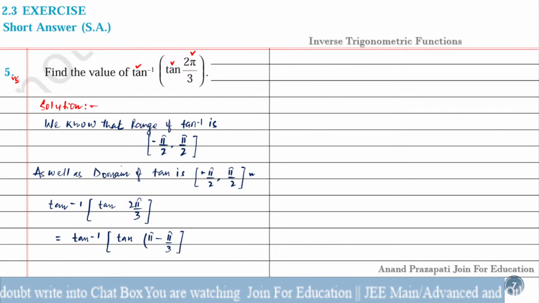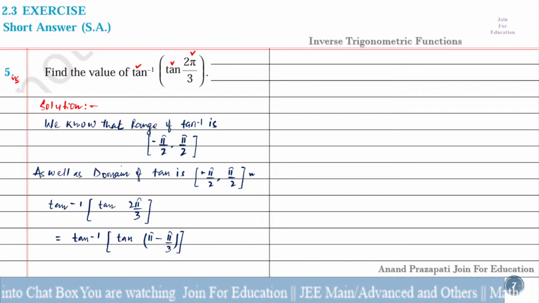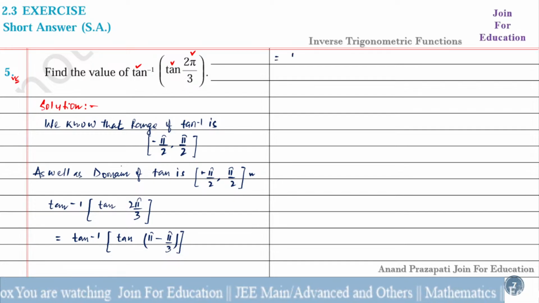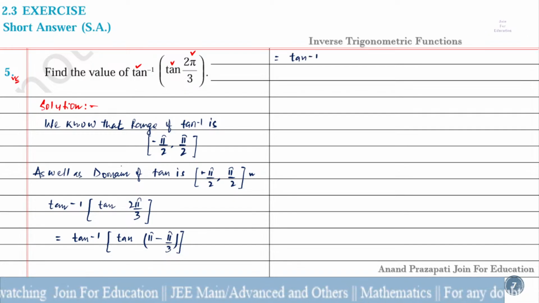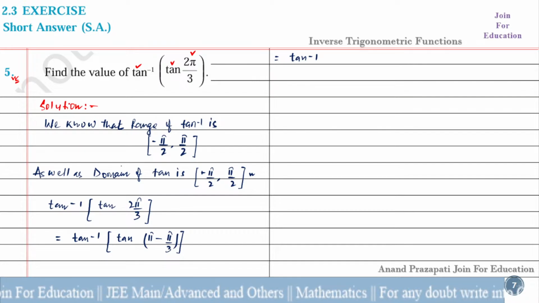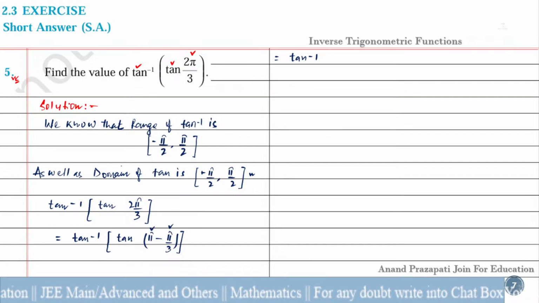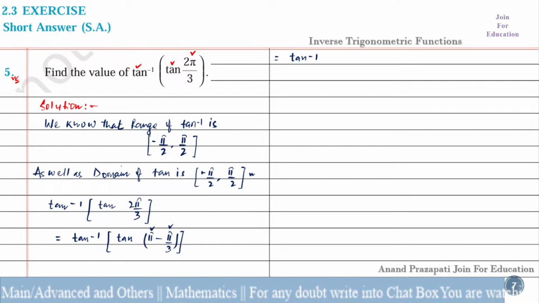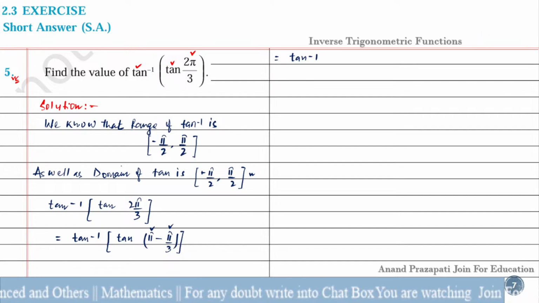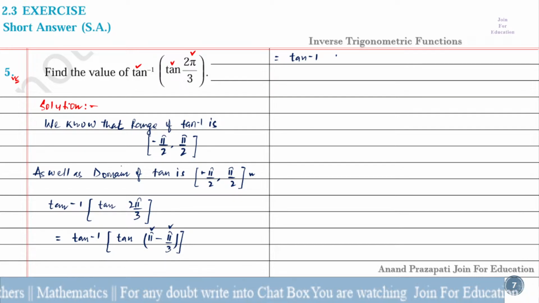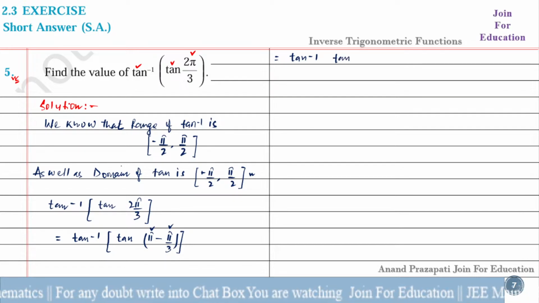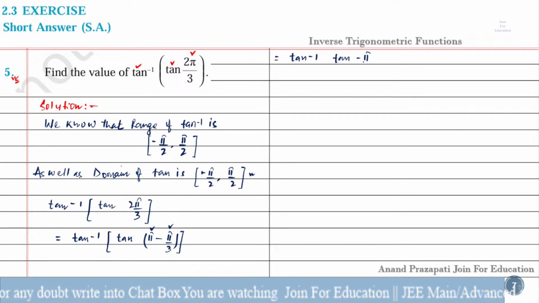So the next step will be equal to tan inverse tan pi minus pi by 3, which equals minus pi by 3. So we write down here tan minus pi by 3.